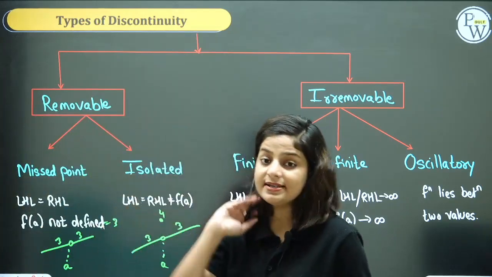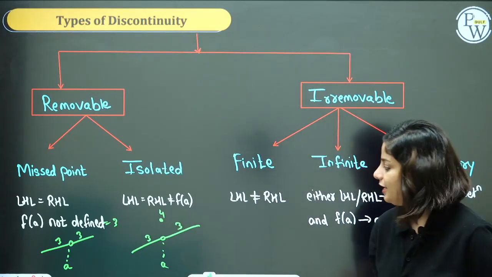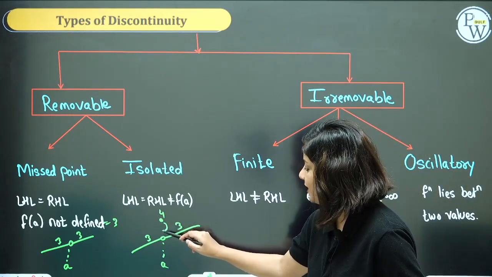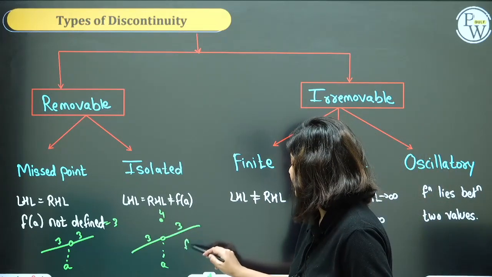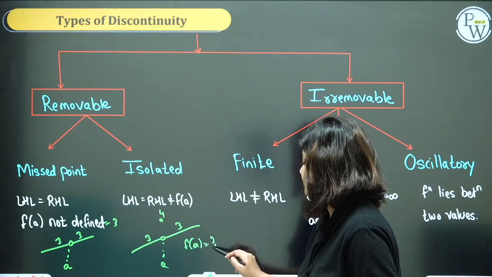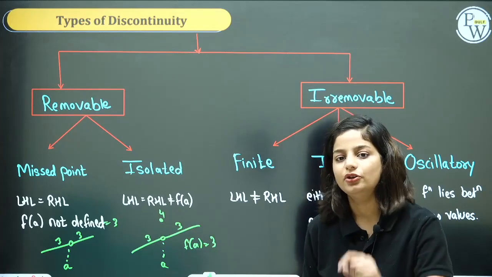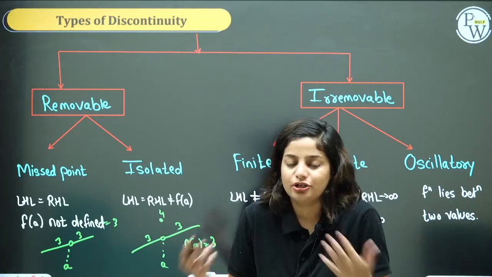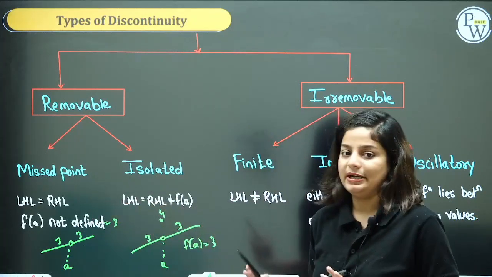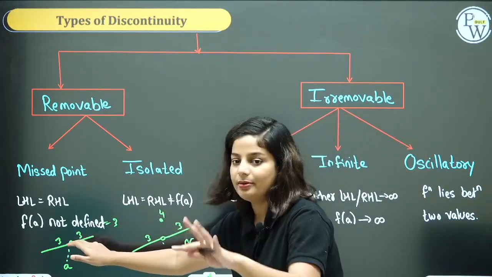The function is discontinuous. But you can make it continuous. Just bring this point back here. Just say that f of a is also equal to 3. LHL, RHL is already 3. You define now f of a as 3. That will make the function continuous. So missed and isolated. This was missed, point missing, and isolated.